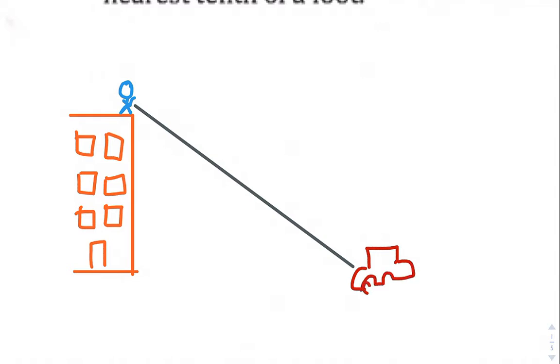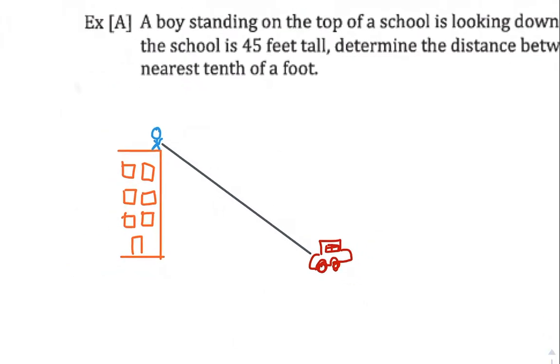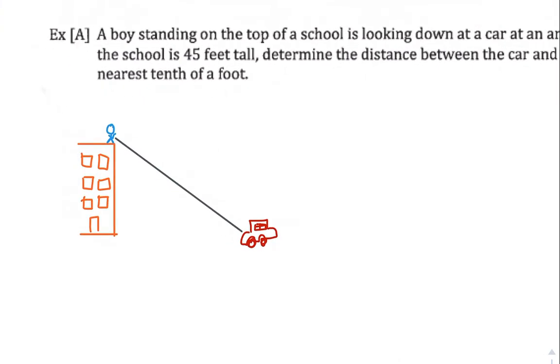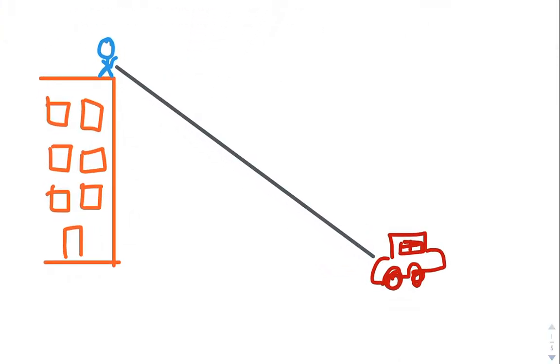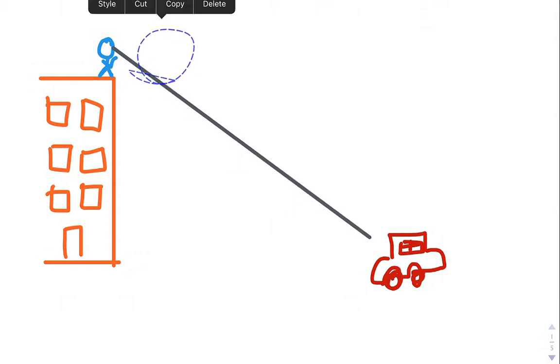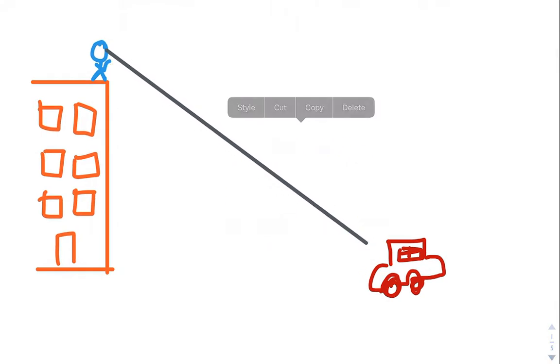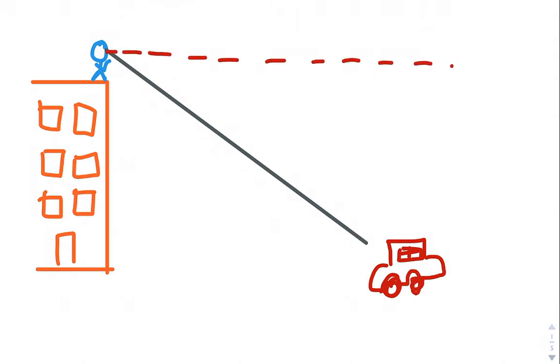Yes, this is a car, best I can do. The boy standing on top of the school is looking down at an angle of depression of 38 degrees. Angle of depression is from his eyesight down. So I'm just going to move this line up a little bit. It's looking from his eyesight, going downward. So this angle of depression is 38.